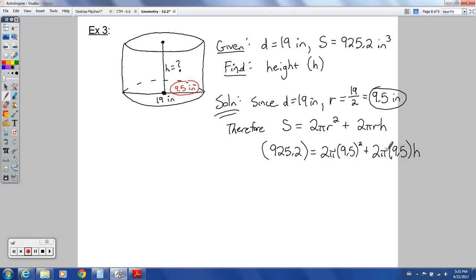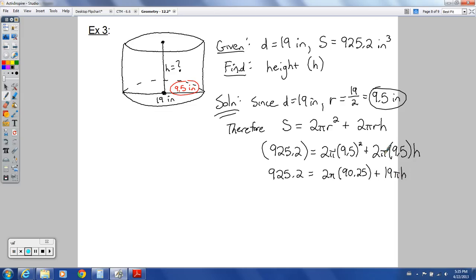I don't know what that is, but I can simplify this here and I can solve for h, get h by itself with what I have left. So I've got 925.2. 9.5 squared would be 90.25. And then 9.5 times 2, that gets you back to your diameter, would be 19 pi. So you have 19 pi h.